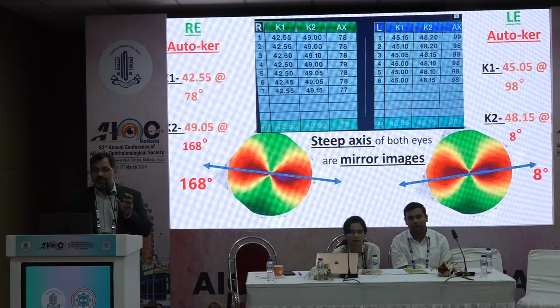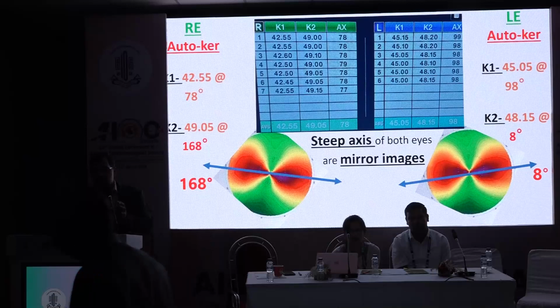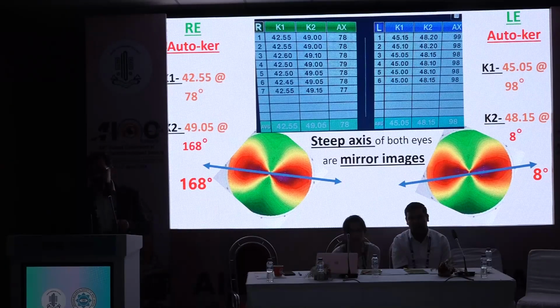Then there is no need to do topography or examine the patient on higher machines, and you can go ahead with toric lens implantation. In 90% of cases in young patients you will get these results. If there is keratoconus or something else, this will not be there; the axis and the readings will be different.